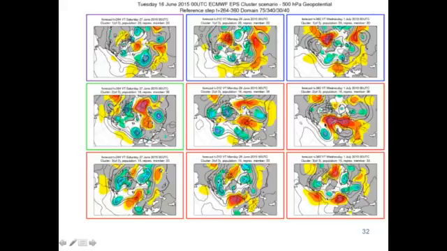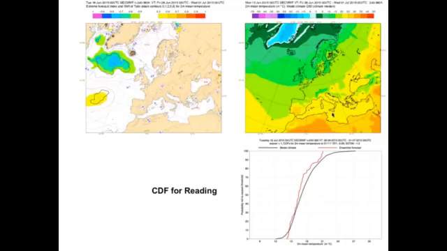But be careful, because this blocking is one of the most difficult weather regimes to forecast, and especially the transition from westerlies to blocking. This is quite difficult, but anyway, this shows us that we have to be careful and aware of these possibilities, and this decreases our confidence in the forecast.